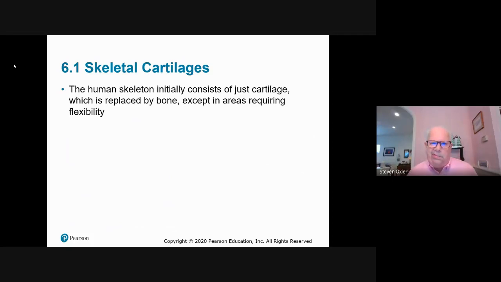The human skeleton basically consists of cartilage as a fetus and is replaced by bone, except in areas that require flexibility. And those areas are your joints. So that's why you have a lot of cartilage in your knee and in your shoulders, because you need flexibility.